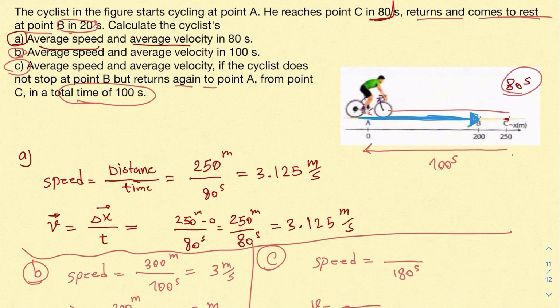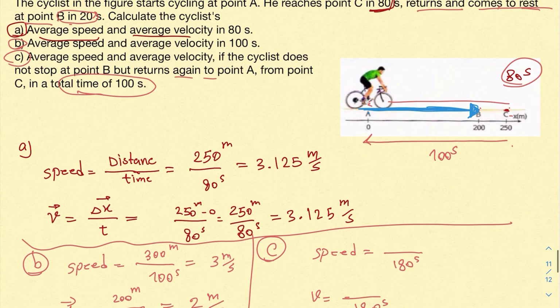And the total distance in letter C is 250 meters go and 250 meters come back.